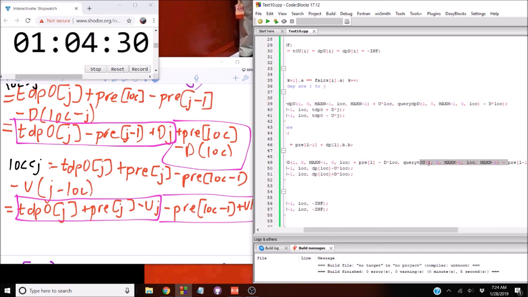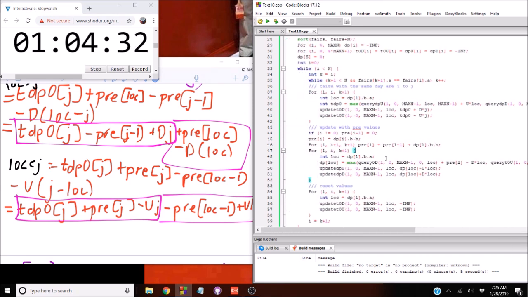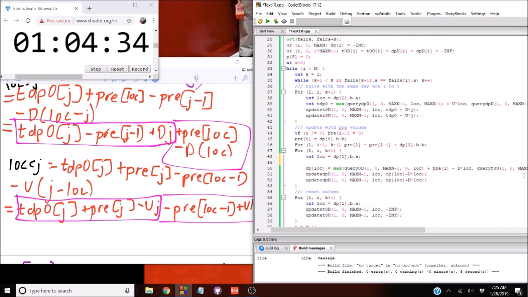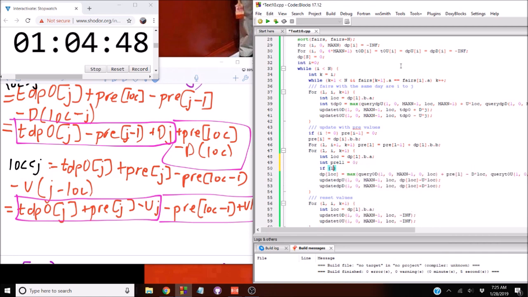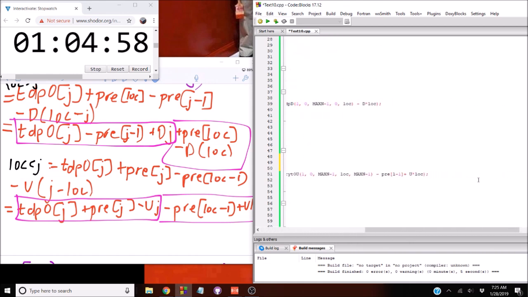And then we'll just put a value for this, because prefix L minus 1, L could be 0. So pre L minus 1 equals, if L is not equal to 0, then pre L minus 1 equals prefix L minus 1. Okay, there we go. And this value here should be pre L1.